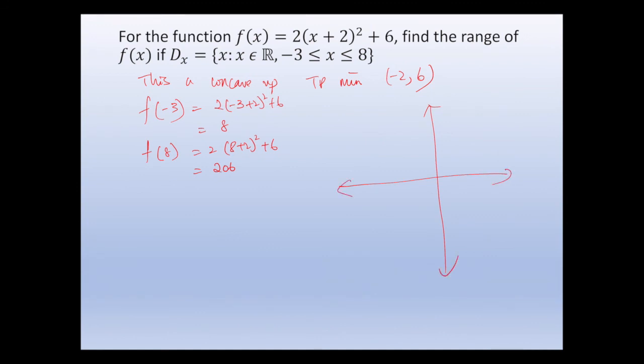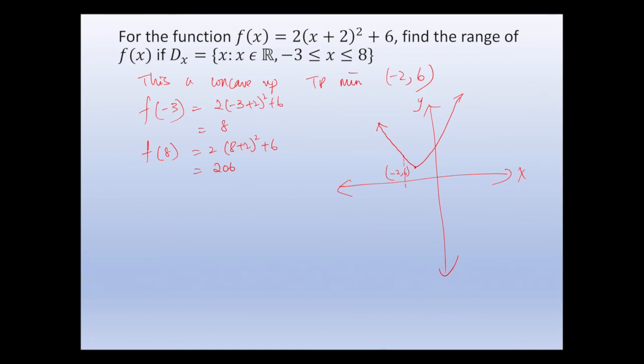Again, do a quick sketch. You know that the turning point is a minimum. Let's say this is (-2, 6) here. Wow, again I've selected a parabola which has no x-intercept.